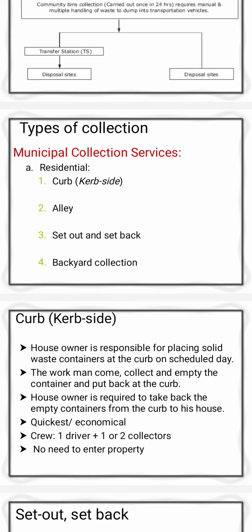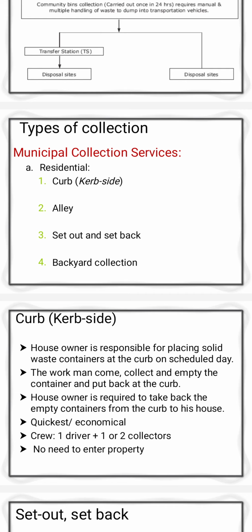Next, the house owner is required to take back the empty container from the curb to his house. So it is a quickest and economical system. How many persons are required? One is the driver and one is the collector, so maximum 2 to 3 persons are required for the collection of waste by this curb system.